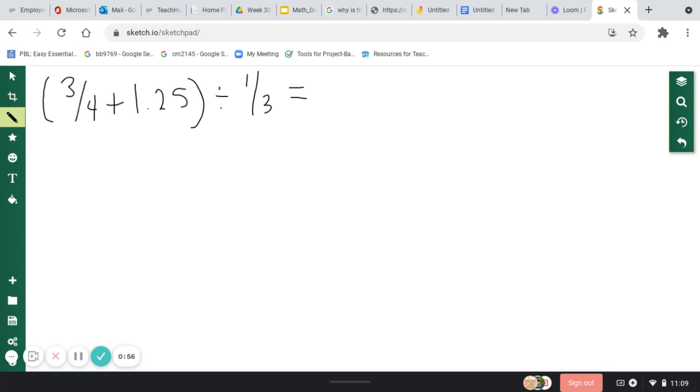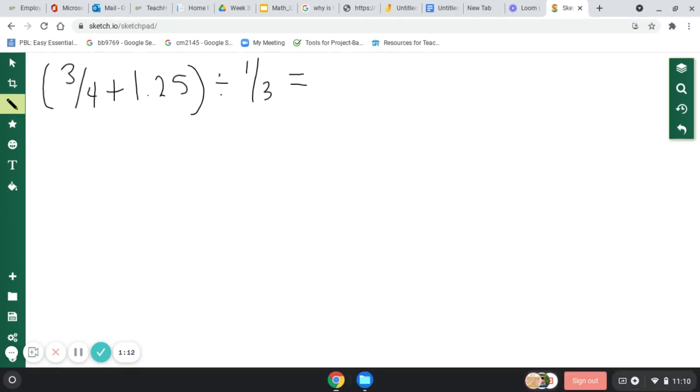So we're going to start with this expression that's on the screen right now. And before we go ahead and evaluate it, we're going to read it, and I'm going to put it in word form so that we can understand what it is asking of us. So looking at it right now, we have 3/4 plus 1 and 25 hundredths divided by a third.